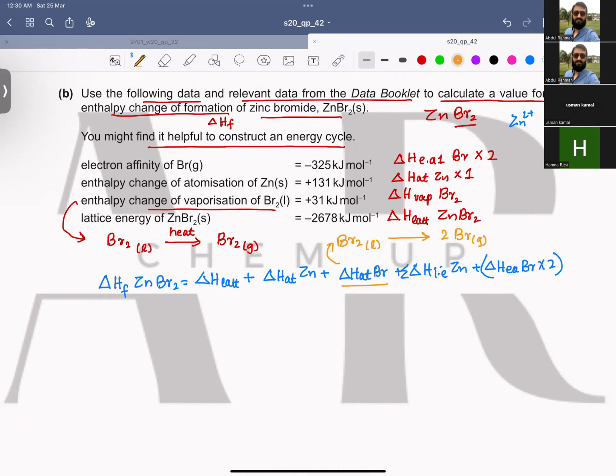When it is the energy change when 1 mole of a gaseous atom is formed from its element. तो यहाँ पे हमारे पास 2 bromine atoms form हो रहे हैं and here we have our 2 bromide ions. So enthalpy change of atomization must be times 2 होगी. ठीक है, ये बात क्लियर है सबको?